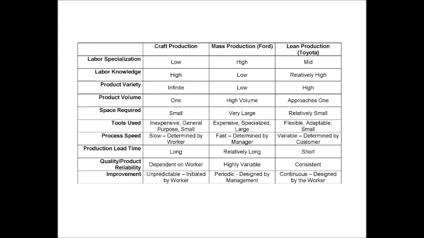And then improvement is continuous, and we'll talk about continuous improvement as one of the principles that is going to help us to be able to make these improvements in these businesses.